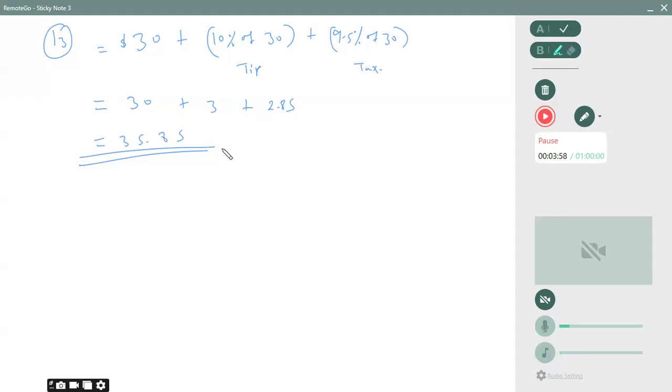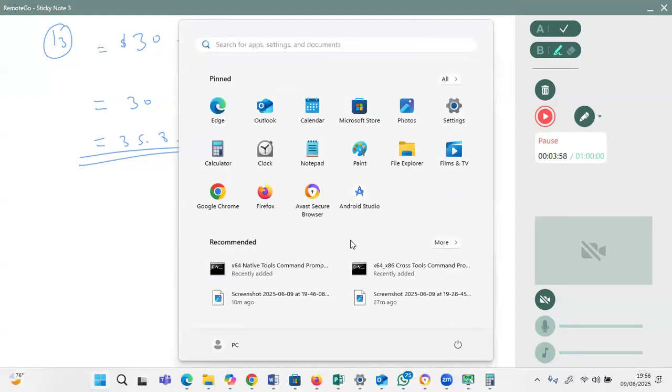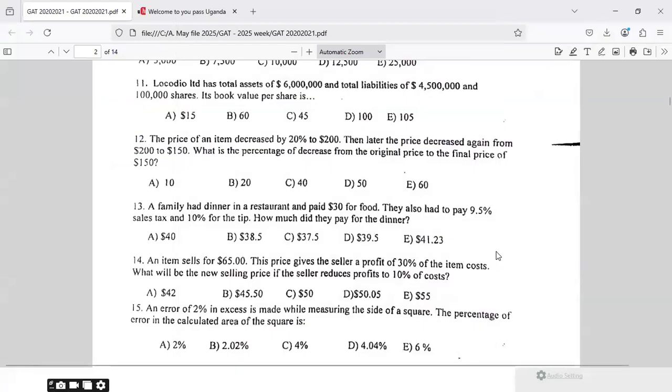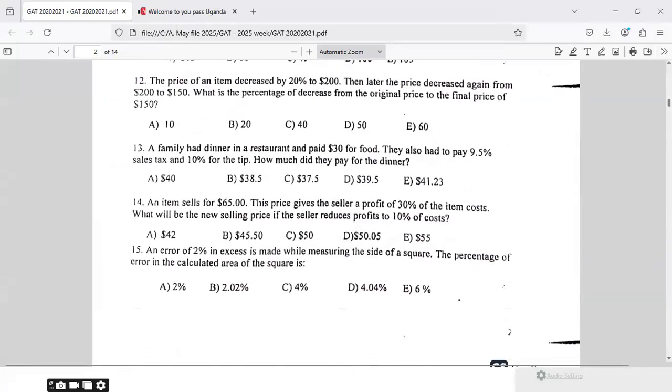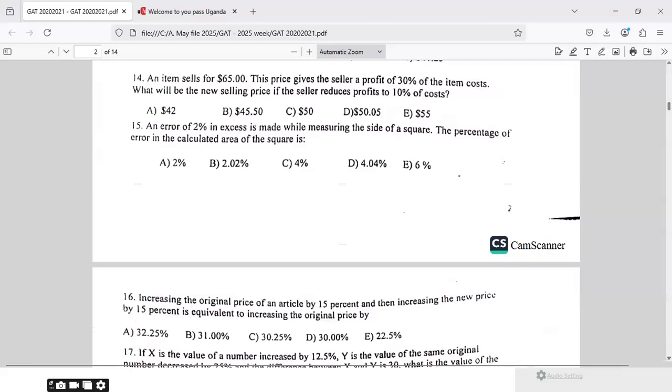All right. Now that we have got that idea, you can as well proceed to question 14. Question 14: an item sells for $65.